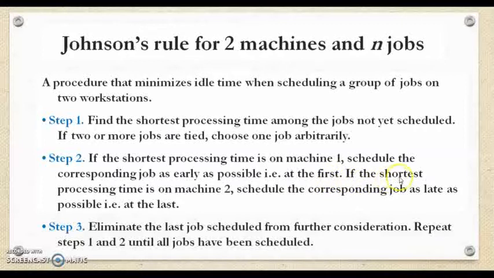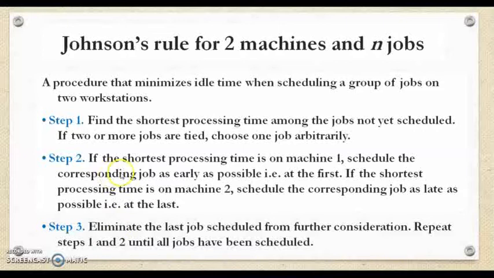If it lies on machine M2, then schedule that job as late as possible, that is last in the sequence. Once we schedule it, we eliminate that job from further consideration, and repeat steps 1 and 2 until all the jobs have been scheduled.